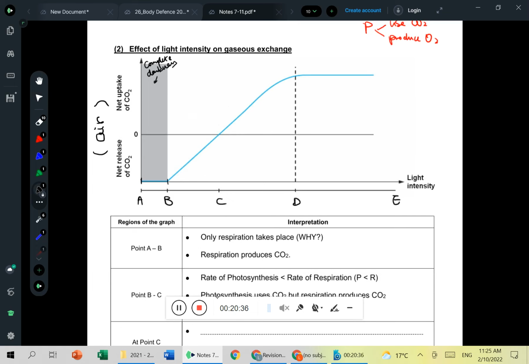So the plant is only doing respiration, and that is why the graph stays at the lowest point of this curve. And you can imagine this would be a negative number, right?